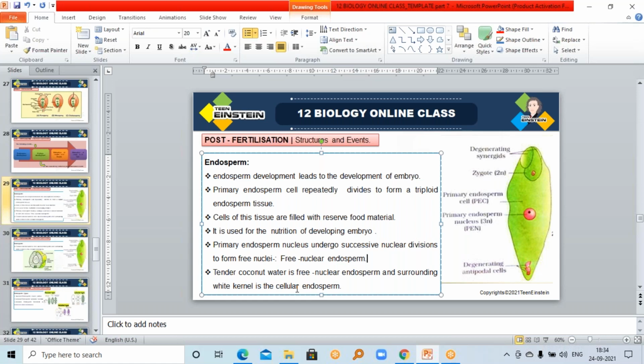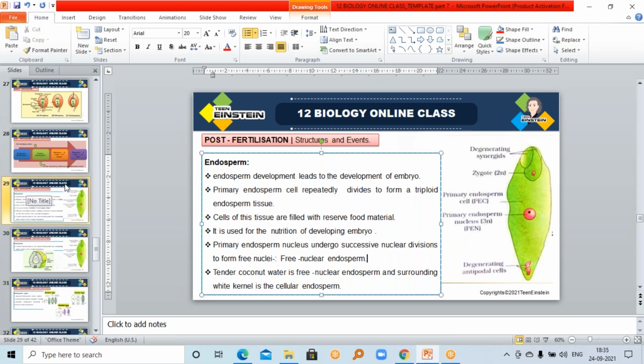In the starting stage, the embryo will take nutrients from the tender coconut water, that is the free-nuclear endosperm. And when it is developing, it will use the endosperm, and at that time the cellular formation will start. Got it?